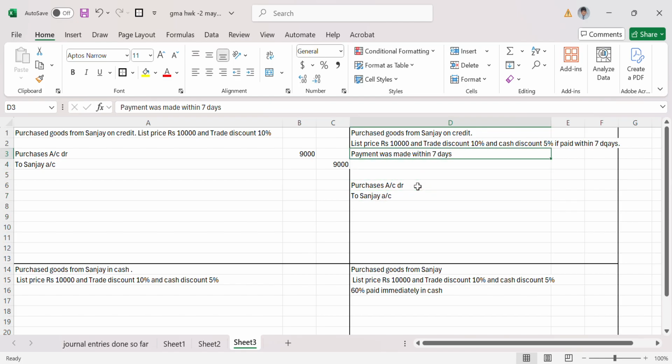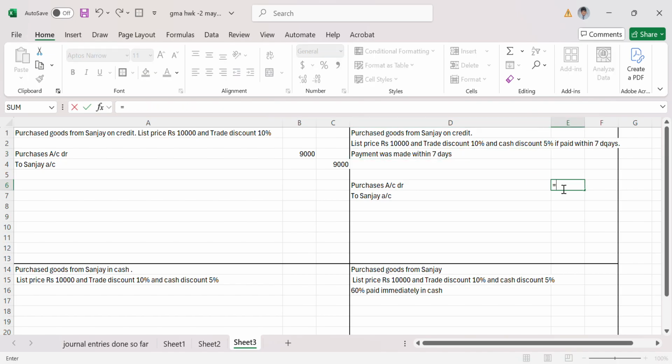Okay, now I'll fill in the amounts. As I told you, purchases always has to be list price minus trade discount. So in this question, list price is 10,000 and trade discount is 10%. So purchases will be 10,000 minus 10% of 10,000, which is 1,000. So 1,000 is the trade discount, and I have the value of my purchases.